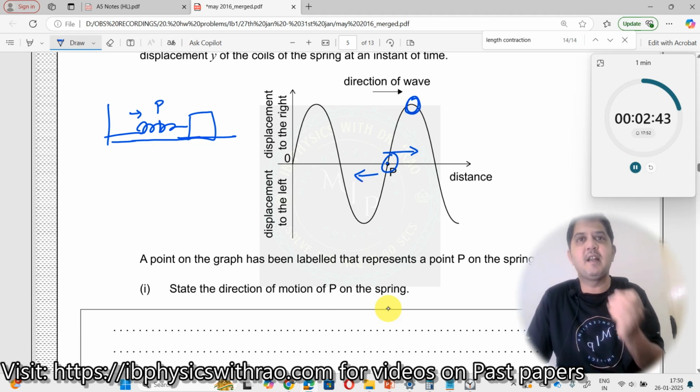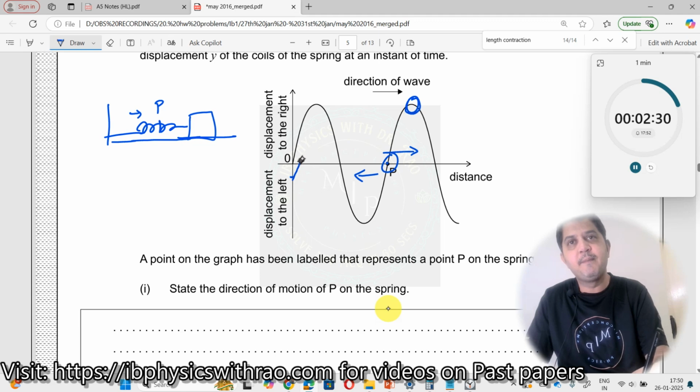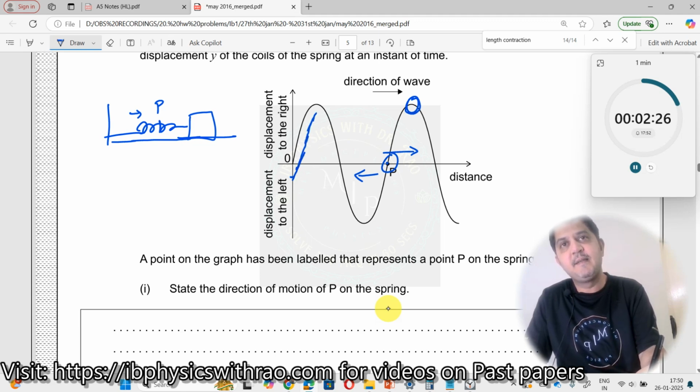Now, how do I understand whether it moves to the left or right? Let me redo it once again. When there is a wave which goes in this direction, where should the wave start? It should start from here, right? Let me draw one more wave here, parallel to this, so that the peak is somewhere over here. This peak will be here, and then once again this comes over here.